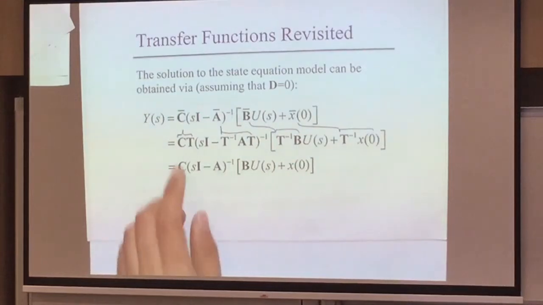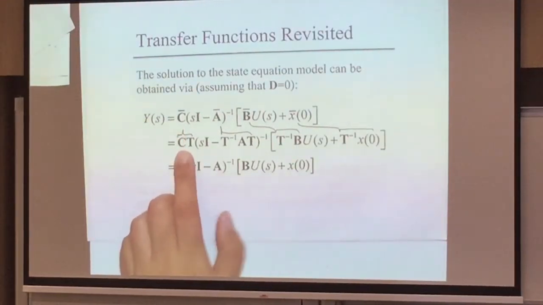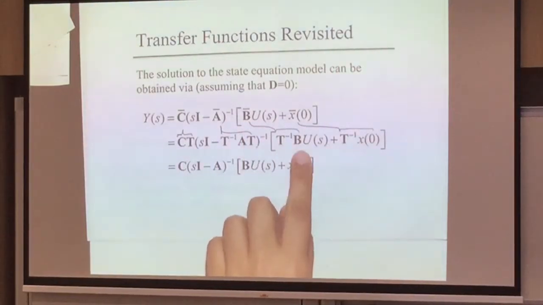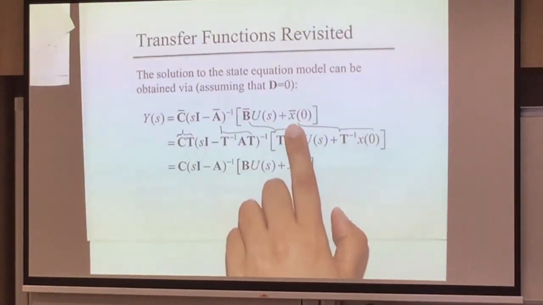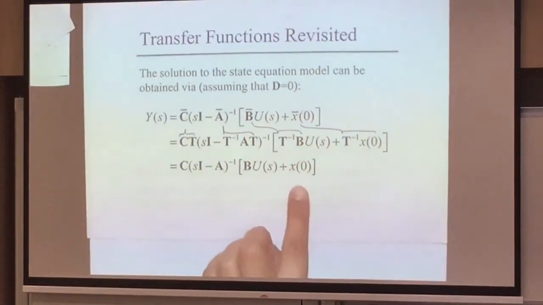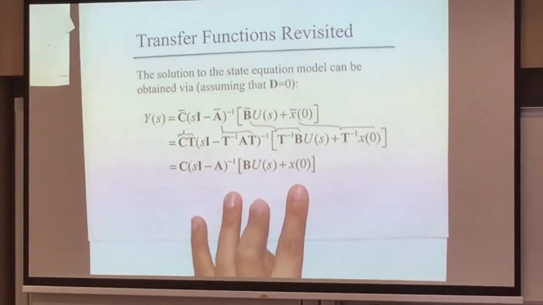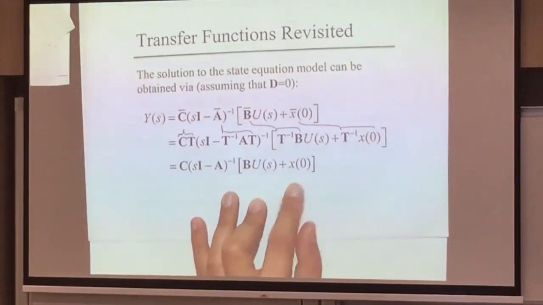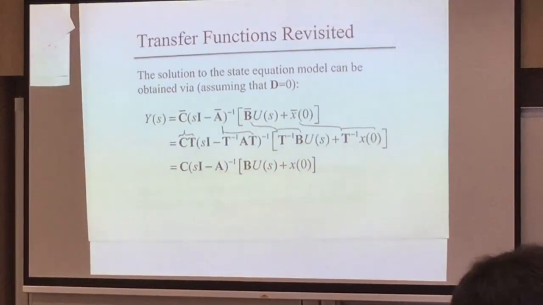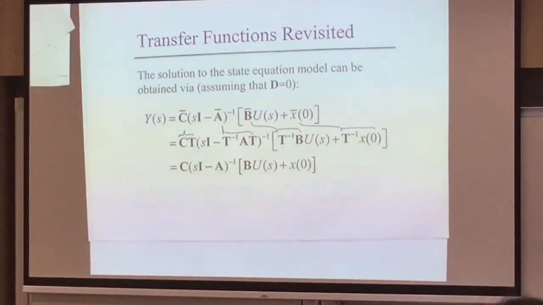We have said that C bar is C T, A bar is T inverse A T, B bar is T inverse B, and x bar 0 is T inverse x 0. If we put that in, we get the same transfer function, C (sI minus A) inverse B U plus x 0. So the transfer function is no different. With the change in space, the transfer function is the same.